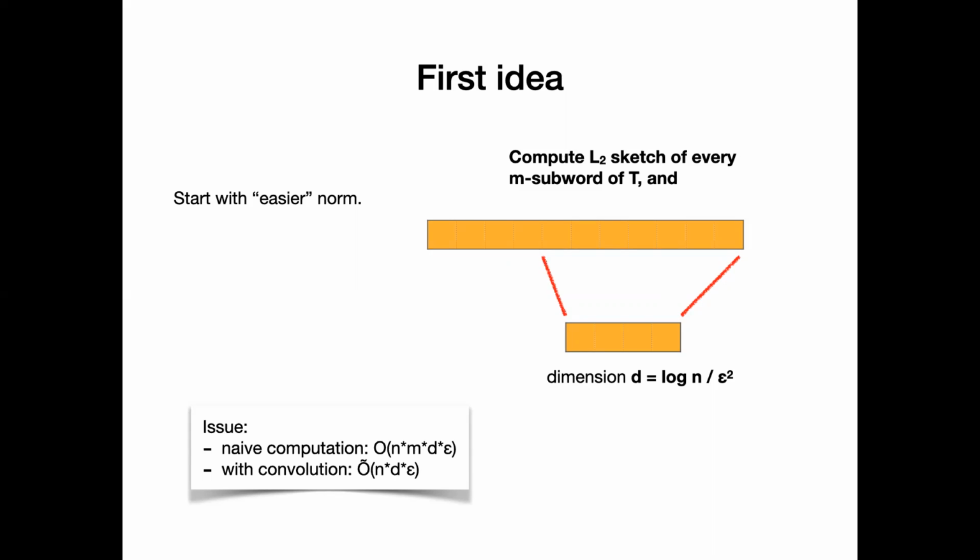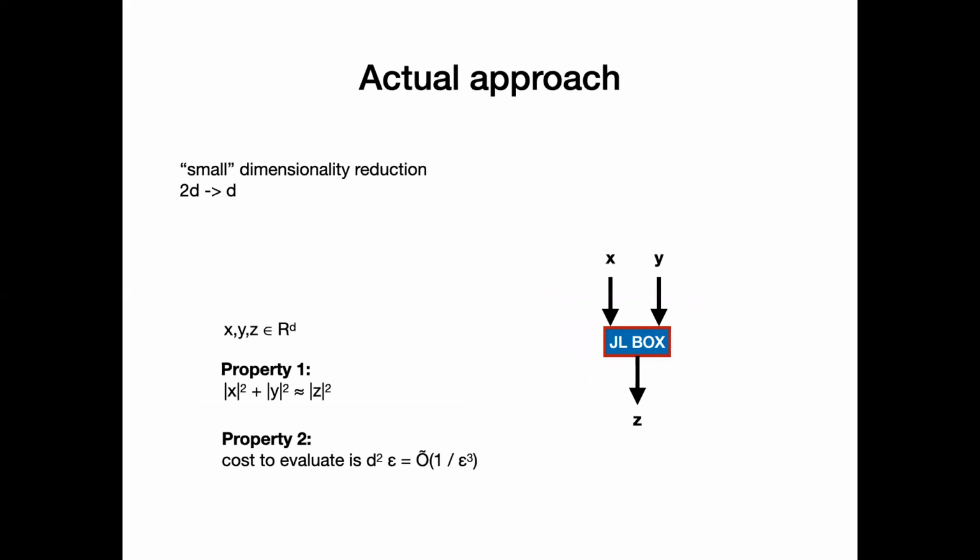So the actual idea that I had is not to use the full power of dimensionality reduction, not to reduce the dimension from some large n to some small d, but think of the Johnson-Lindenstrauss as a black box that allows you to reduce a dimension from 2d to d, just by a factor of 2.